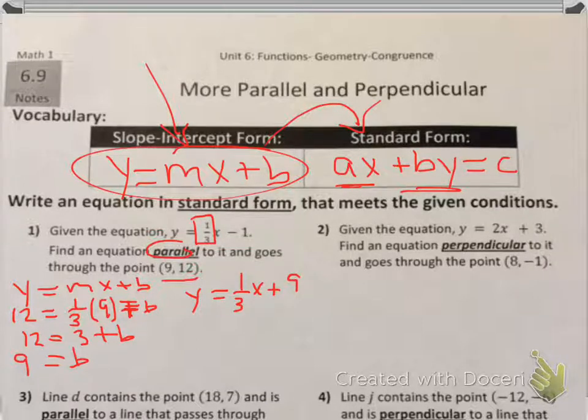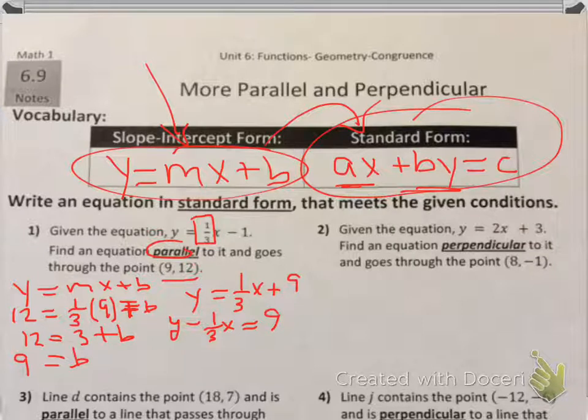Well, in this problem, it asked me to go to standard form, which is this form over here where my x's and my y's have to be on the same side of the equation. So I'm going to have to actually subtract that 1/3 x over to the other side so that it's all together. And then I have a problem, like in standard form, you're not supposed to have fractions. So I have that 3 there.